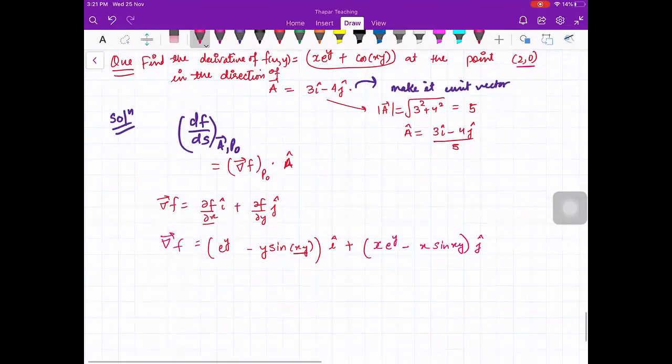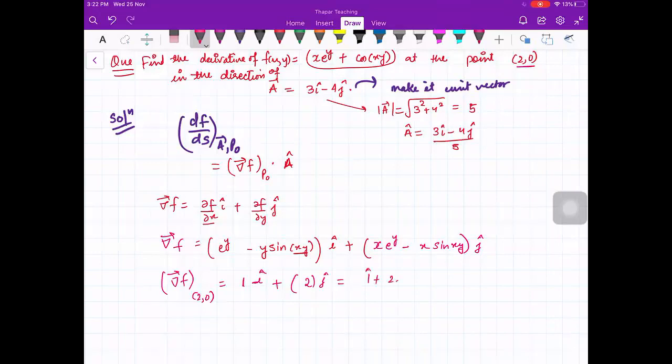So del f at (2, 0) is, just put the values, e raised to power 0 is 1, minus sin of y is 0, so you have 1 i cap, plus here y is 0 and x is 2, so 2 j cap. So your gradient is i cap plus 2 j cap, right?